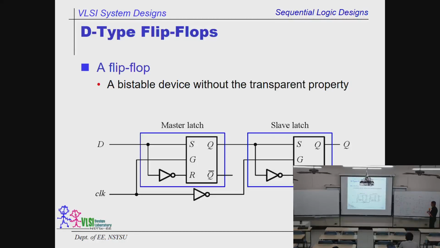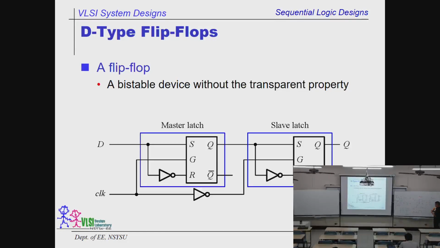Nothing will happen. So when clock is low, when clock is low, this is high, this is low. Whatever happened here will be copied according to the definition over there. Whatever signal here will be transmitted to output over here.